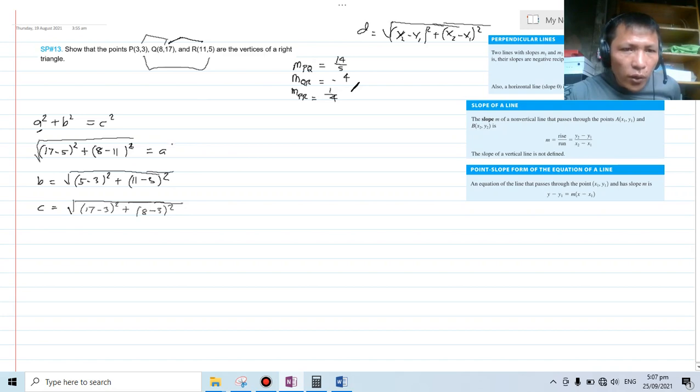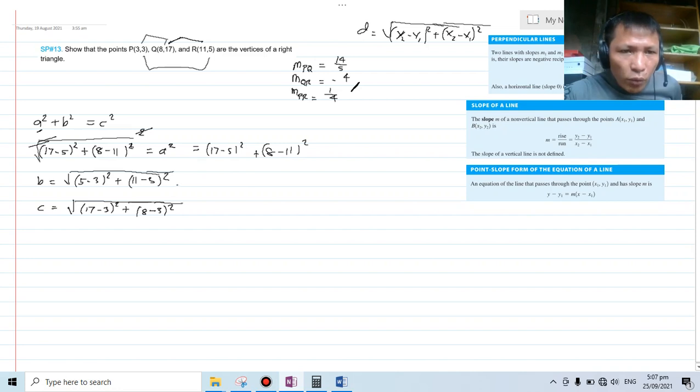What if you want to find A squared? The square root is removed, because when you square it, the square root cancels. So A squared is equal to 17 minus 5, squared, plus 8 minus 11, squared, and so on.